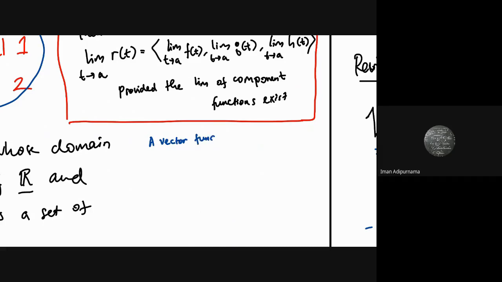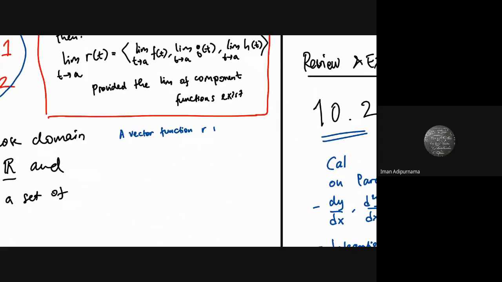So a vector function r is continuous at a if the limit is equal to the function at that point.